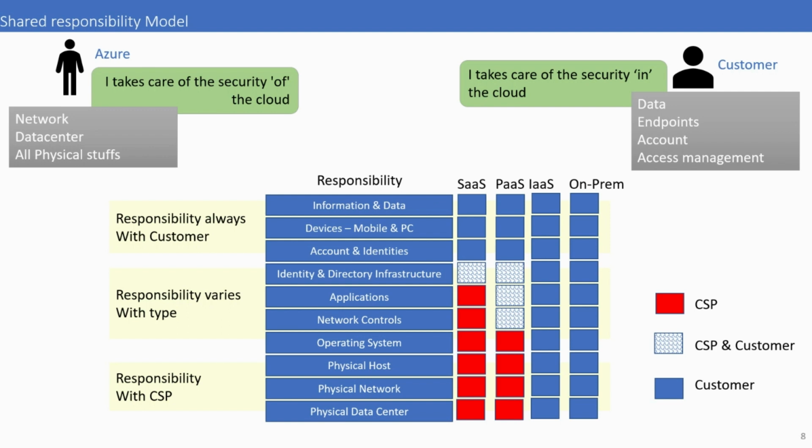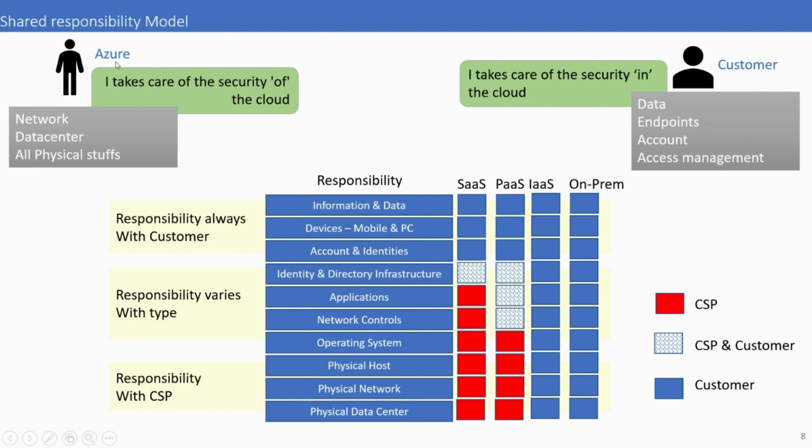So here in the shared responsibility model, Azure as a cloud service provider takes care of security of the cloud, whereas the customer has to take care of security of the information that is owned by the customer.